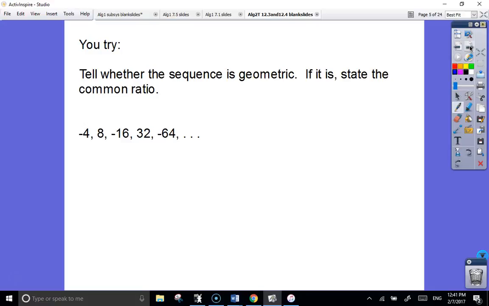What'd you say? It's a yes, right? It looks like, again, you don't have to necessarily do the divide. If you could just see it looks like I keep multiplying by the same number, then that is the ratio. And what is that number you keep multiplying by? -2. So this is definitely going to be 8 over -4 equals -2. That's the r. So that is yes.